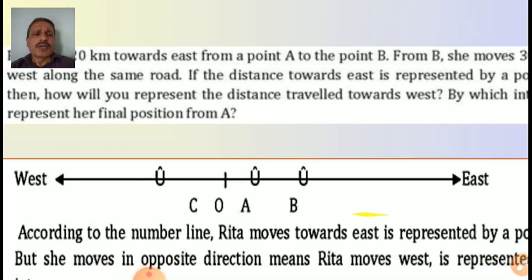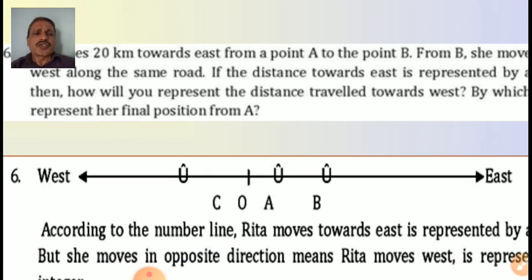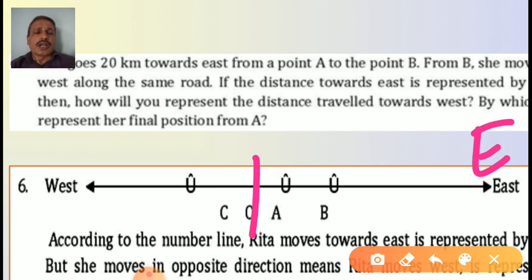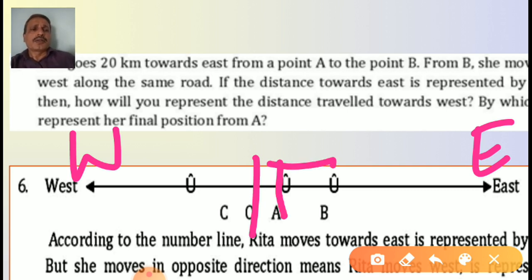It's a very simple way. See, here is the direction. In the middle, you can find 0. And this direction is east and the opposite is west. First, 20 km towards east from point A to B. From here to here, 20 km. Understood, students?